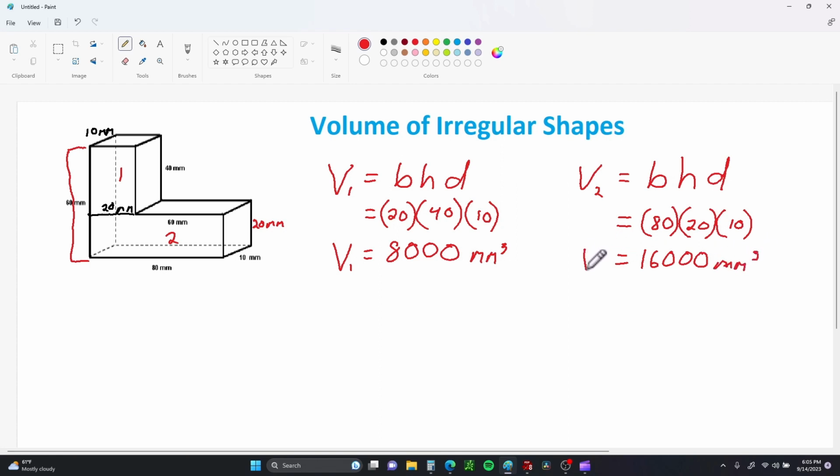I bring down the V. So now the volume of the entire irregular shape is simply these two numbers added together. So I have 16,000 plus 8,000, which is 24,000 millimeters cubed. And I'll just call this volume irregular. And that's my final answer.